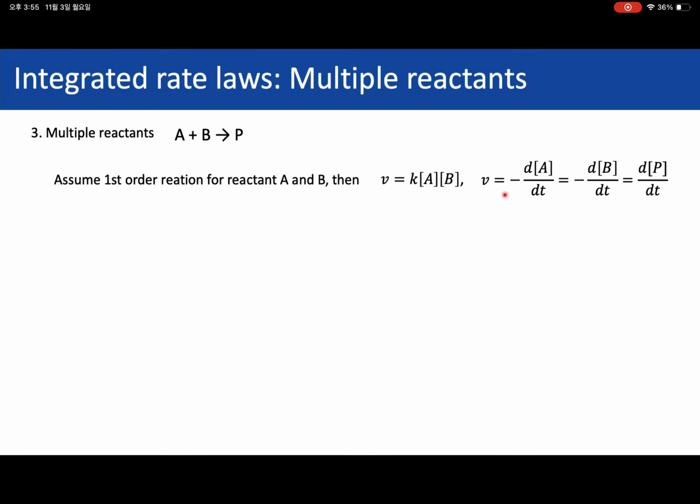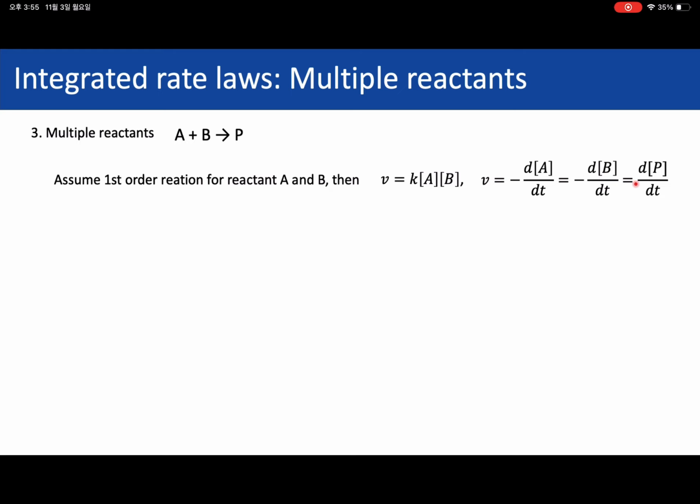Since the stoichiometric coefficient is 1 for A and 1 for B, we can write the rate of reaction as negative dA over dt equals negative dB over dt, which is the same as dP over dt.